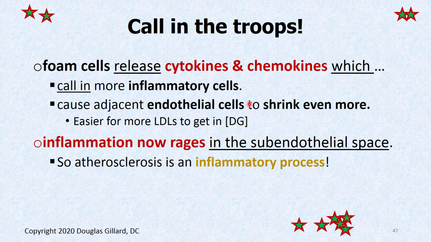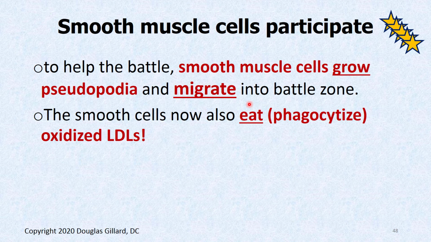A full-blown inflammation occurs underneath the endothelium. And so now the inflammation is raging in the subendothelial space. What's that? That's the space underneath the endothelium. And that's the process of atherosclerosis. That's why it's an inflammatory process.